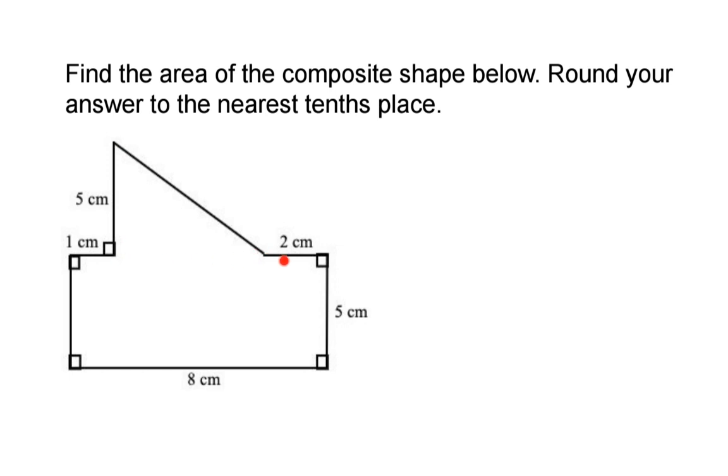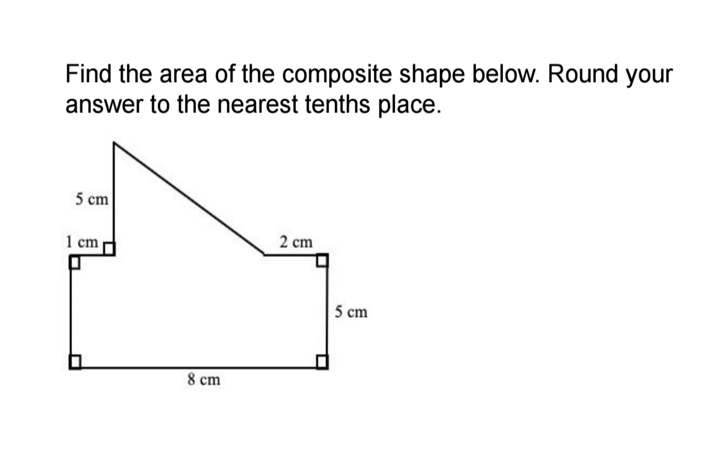So the first task that we're going to have is to figure out the value of this base so that we can find the area of the triangle, and then we're going to take the same approach as last time and add the two areas together, the area of the triangle and the area of the rectangle, and that's going to give us the total area of the composite shape.